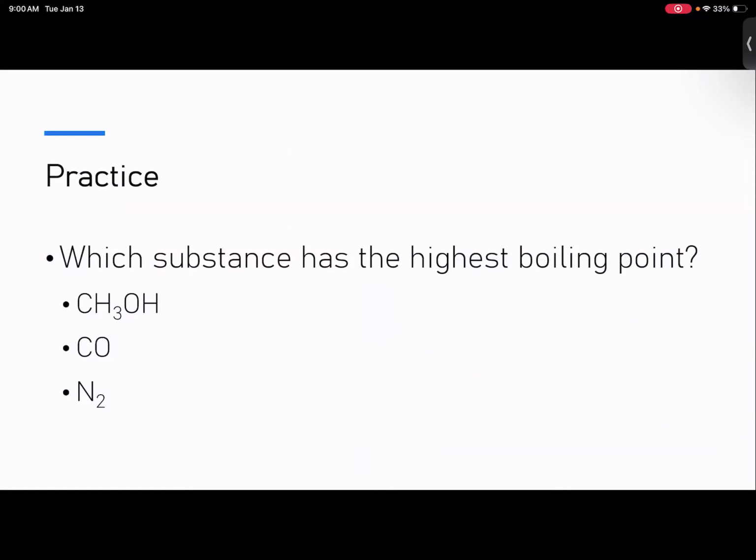We essentially did this question already: which substance has the highest boiling point? They're the same molecule, so we said this one because it had London dispersion, dipole-dipole, and hydrogen bonding available.